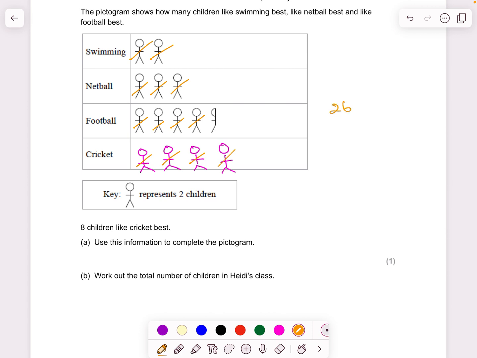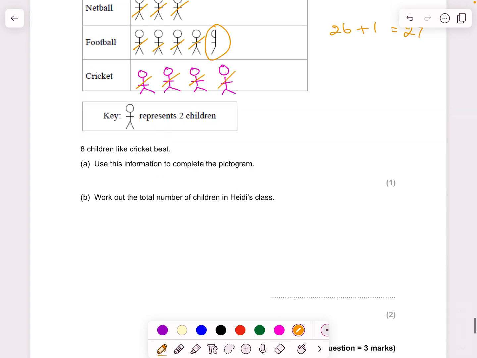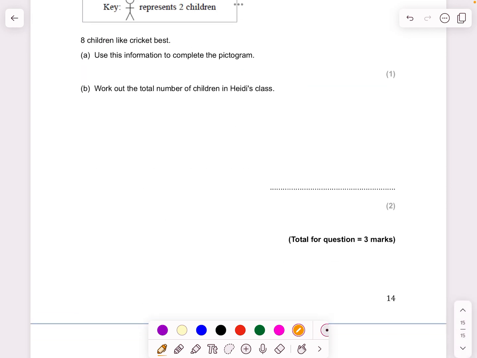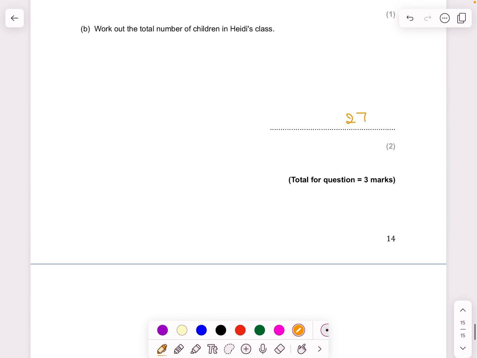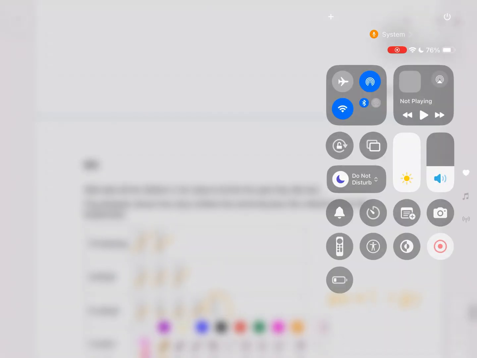And then I've got half a person. Half a person represents 1 person, so add on the 1. So there must be 27 in total in Heidi's class. Well done. That is it.